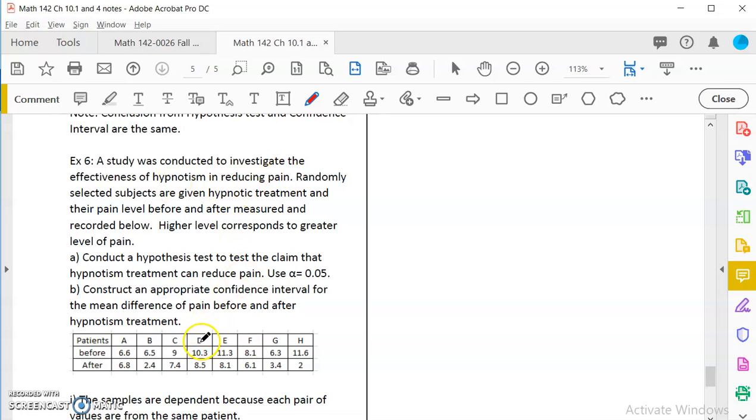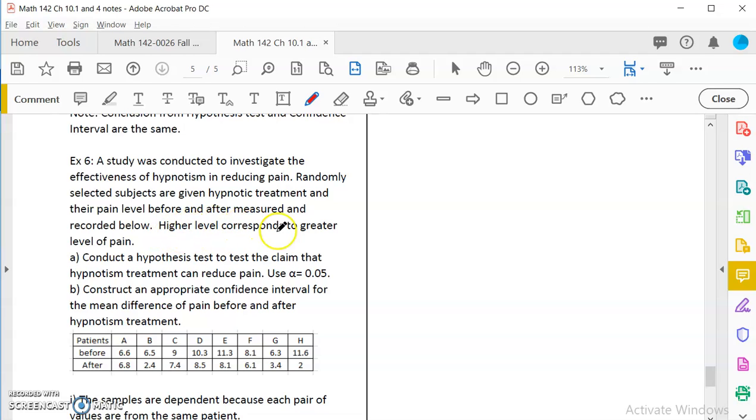Instead of a control group, people record their pain level before and after the treatment. After you hypnotize them, which is supposed to relax them and make them less stressed, maybe it reduces the pain level.